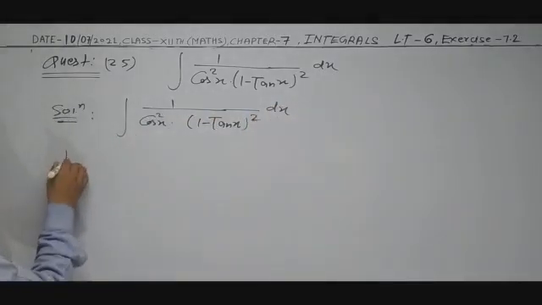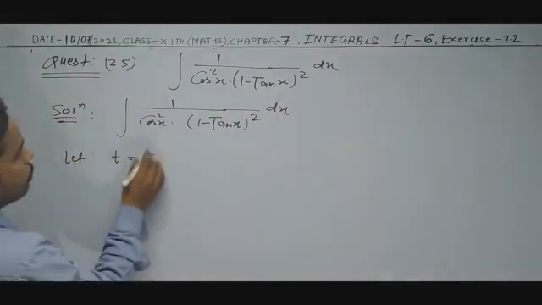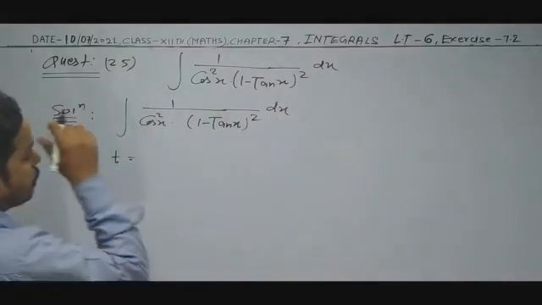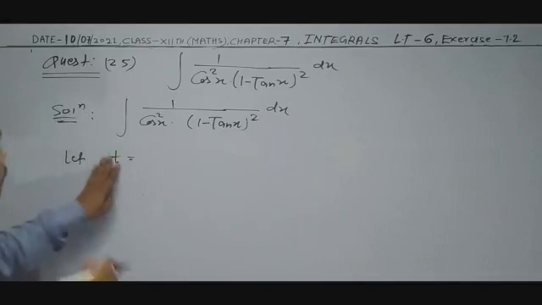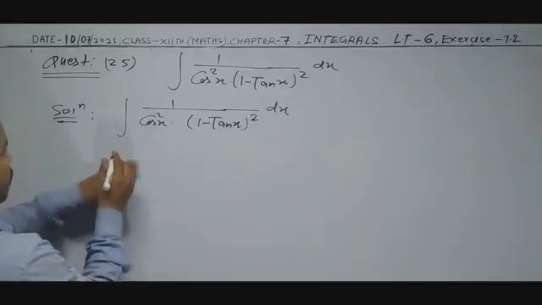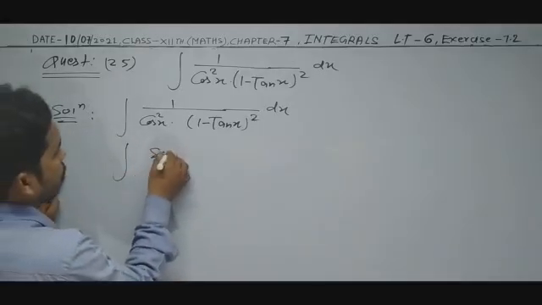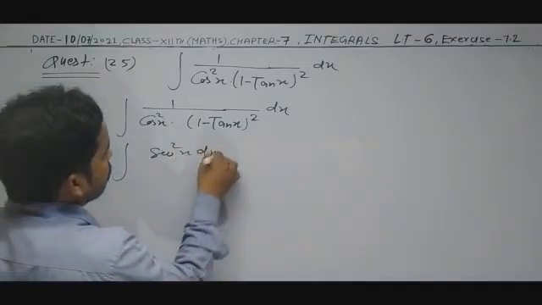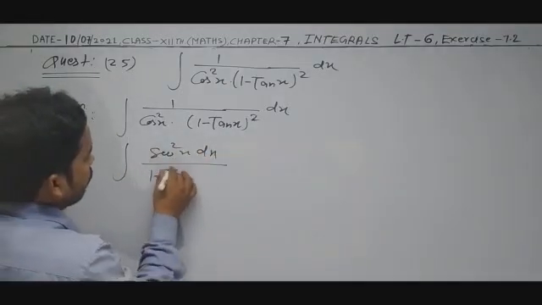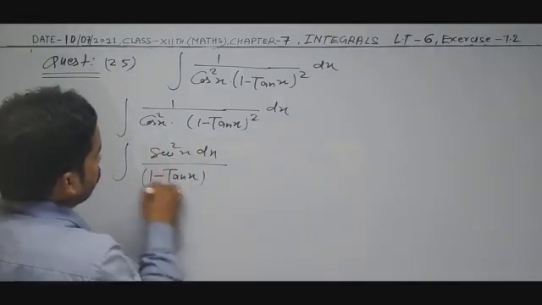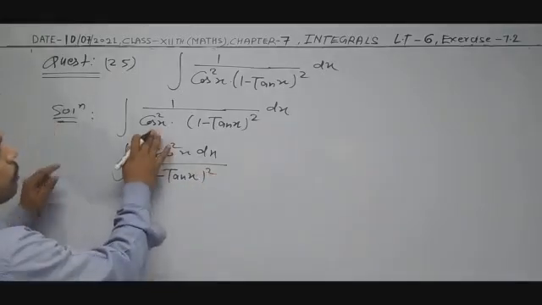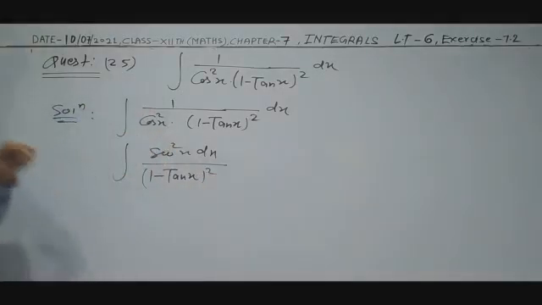So in this question you will consider t, because you know tan x differentiation is sec square x, and you can convert first of all this integration over sec square x dx whole upon (1 minus tan x) whole square, because 1 upon cos square x in numerator will be sec square x.